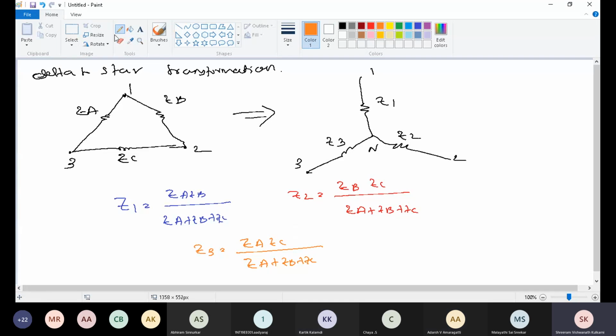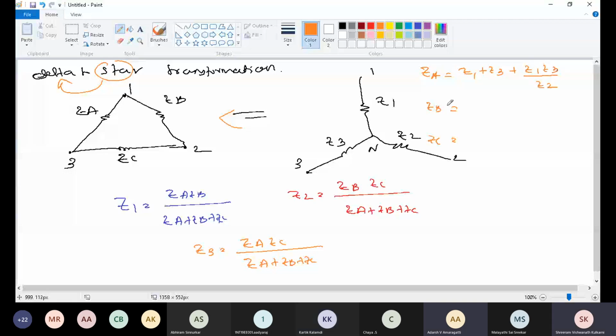Yes, sir. Now see here. Now tell me these formulas also: ZA, ZB and ZC, if I am going to transform the star to delta. ZA equals Z1 plus Z3 plus Z1 Z3 by Z2.